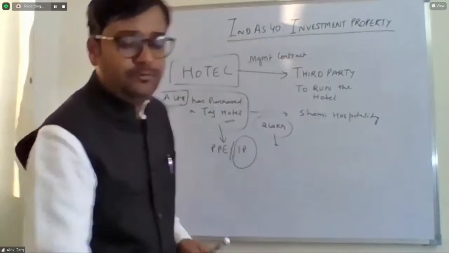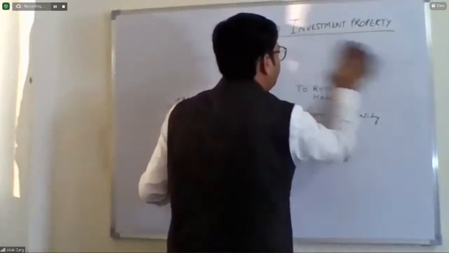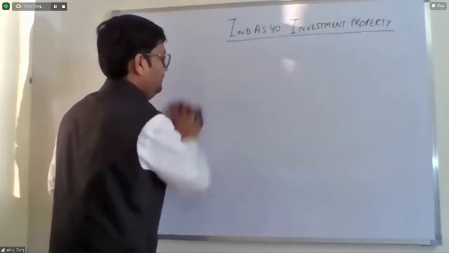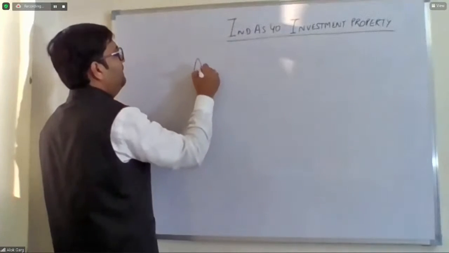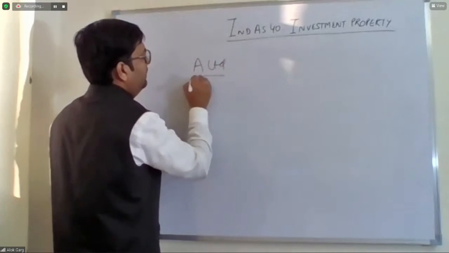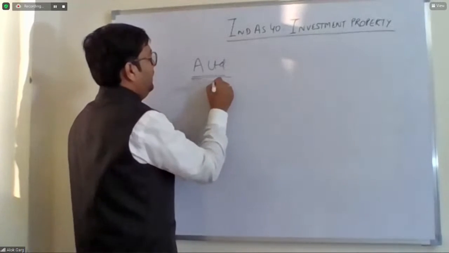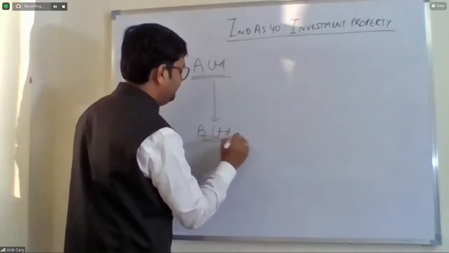Now, one more concept is given in the standard. For example, A Limited is a parent and B Limited is a subsidiary of A Limited.